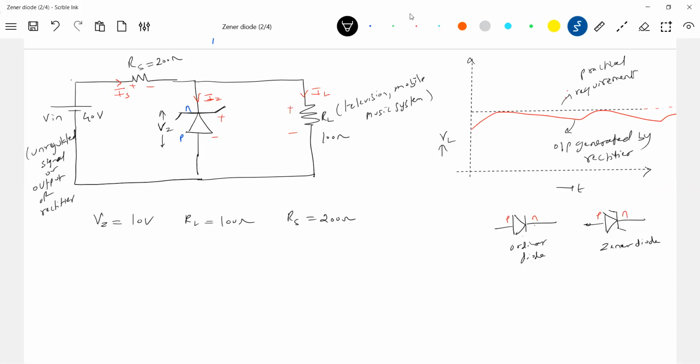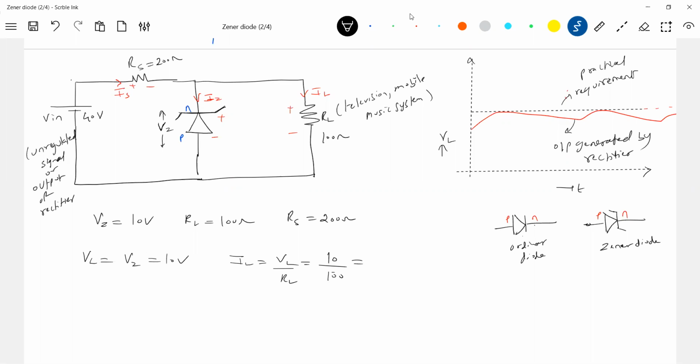Now, what is the requirement of the load? 100 ohm is there, connected in parallel to this. So what is the drop across the load? We'll calculate. The drop across the load VL is equal to VZ, which is 10 volt. Then what is the load current? VL by RL. VL is 10, the load is 100.